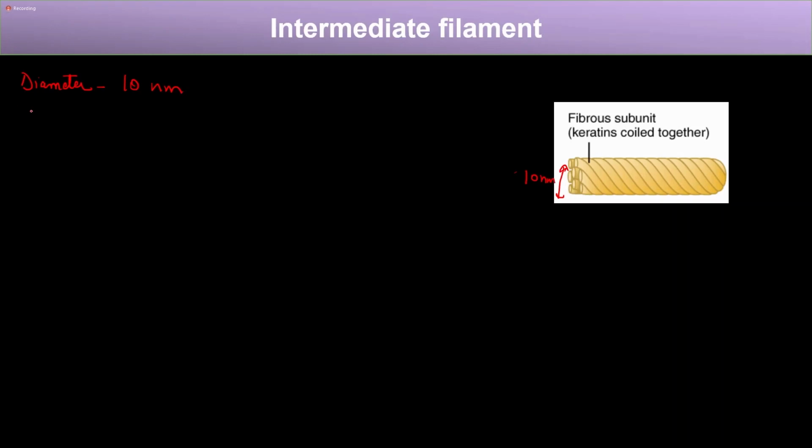As the microfilaments we saw were made up of actin protein, the intermediate filaments are made up of acidic protein. One example is keratin.